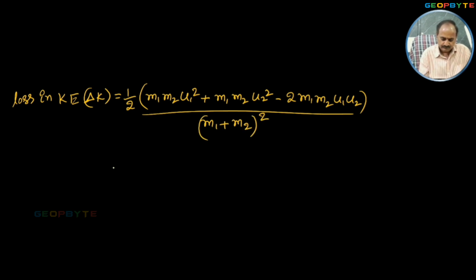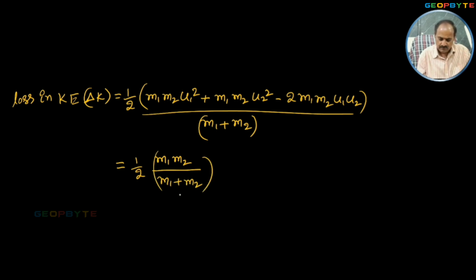Write the m1 m2 outside, and in the denominator it is just m1 plus m2, into u1 minus u2 whole square, because u1 square plus u2 square minus 2 u1 u2.